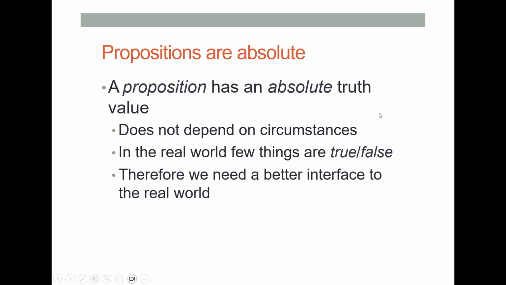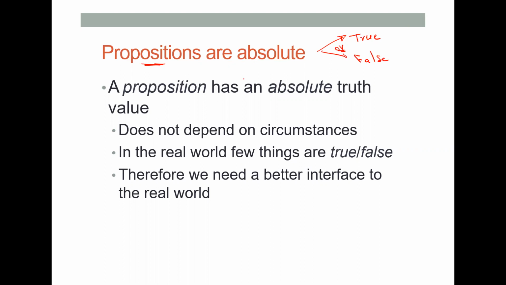Before we explain what a predicate is, let's revise what a proposition is. So propositions are absolute, which means that the value of any proposition is either true or false, cannot be both, cannot be undetermined. It should be either true or false.